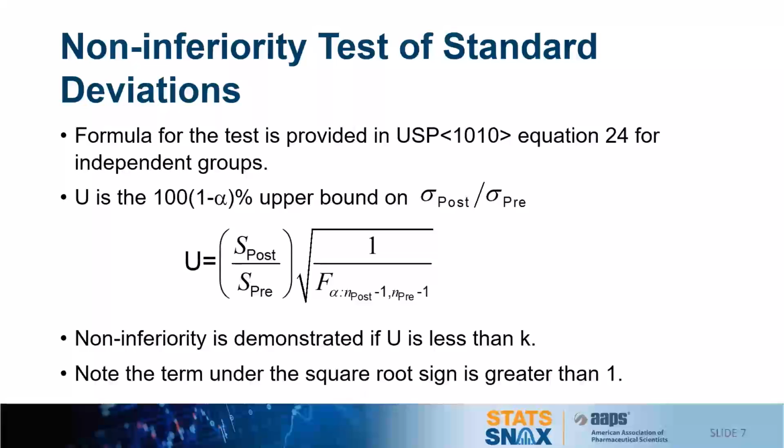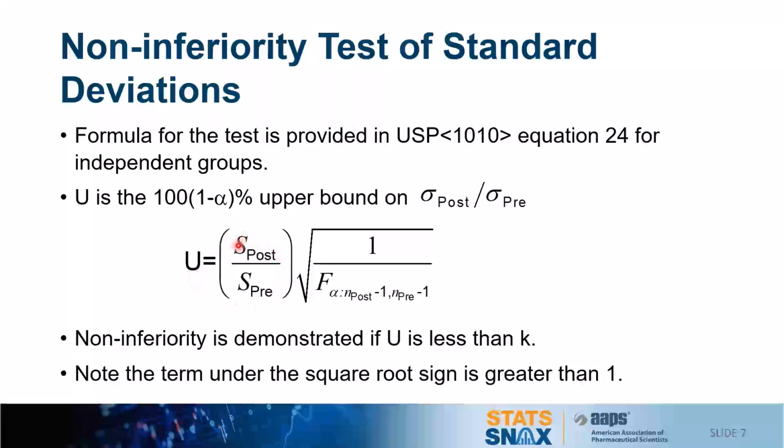Right now, I've got the formula here, and my reference is the USP chapter 1010, equation 24. What we do now is we take a look at this ratio, and based on a sample of data we've collected from both the post-change and the pre-change processes, we calculate an upper bound, if you will, a worst case value for the ratio of the two standard deviations.